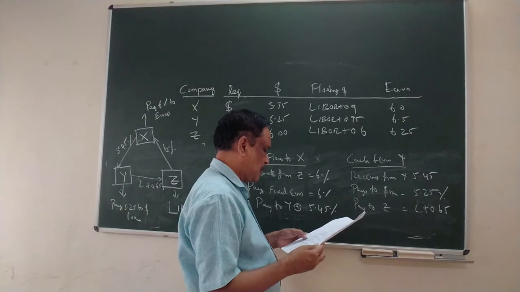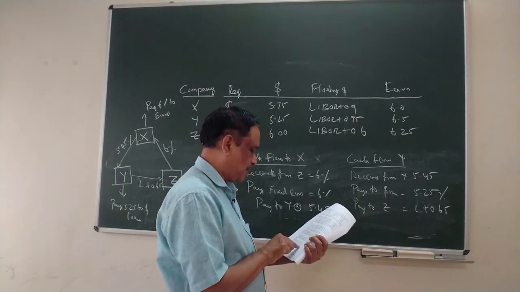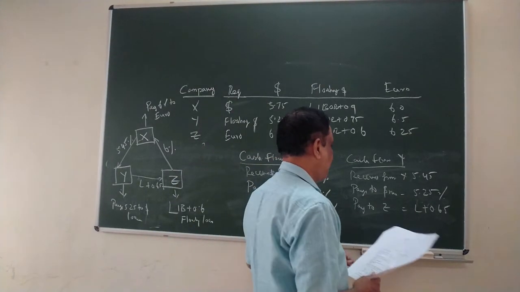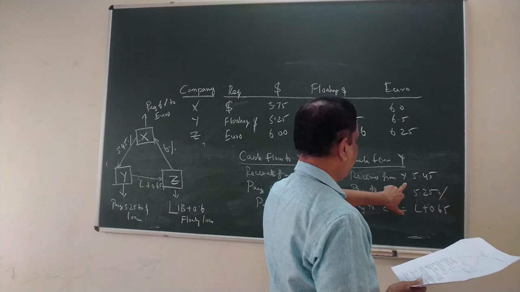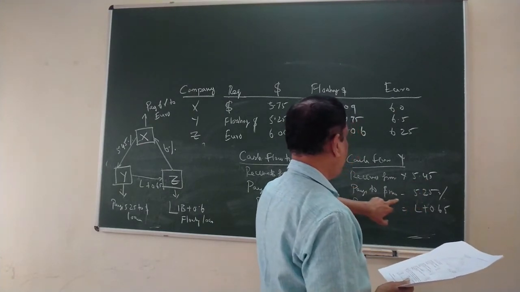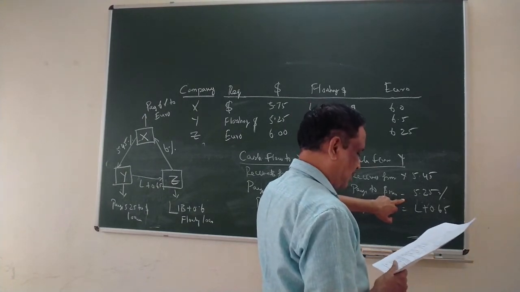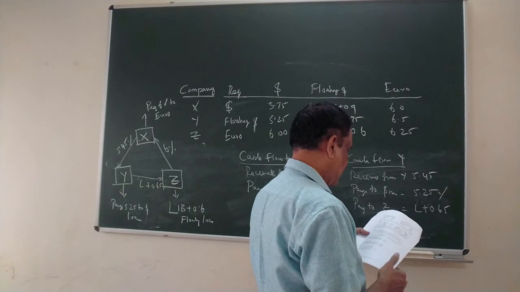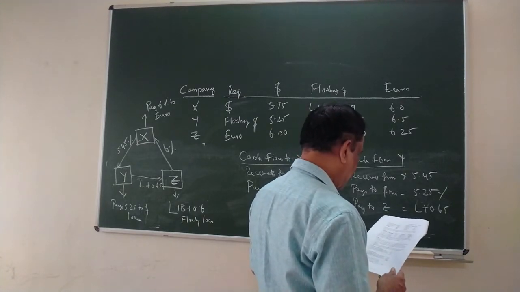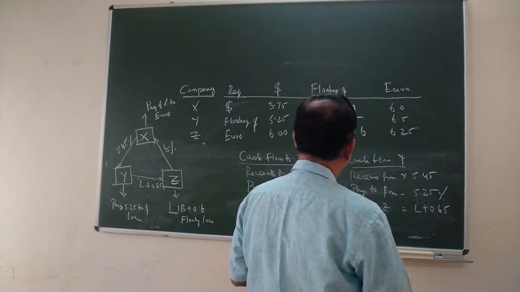You have seen the net rate is L plus 0.45. They are receiving 5.45 and paying 5.25, and they get a benefit of 0.2.